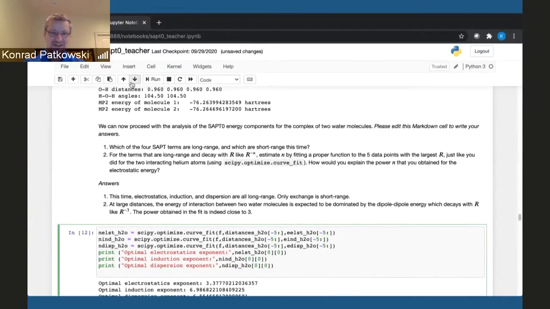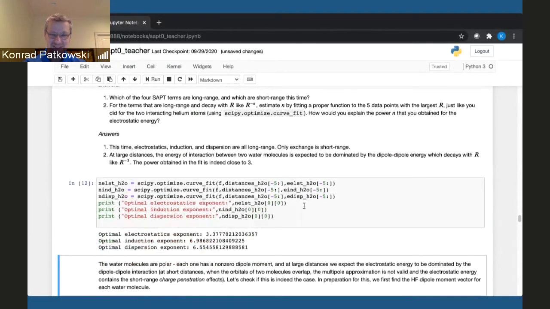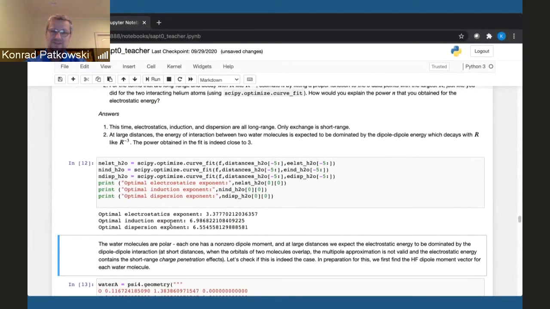All right, so here we can do the same thing as we did for helium and fit the optimal powers for different SAPT components. And we would expect a 6 for induction and dispersion because we have two neutral molecules, and 3 for electrostatics because we have a dipole-dipole interaction at long range.